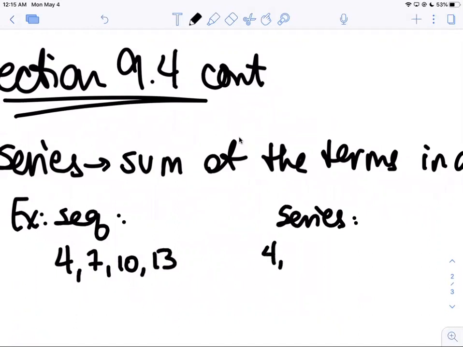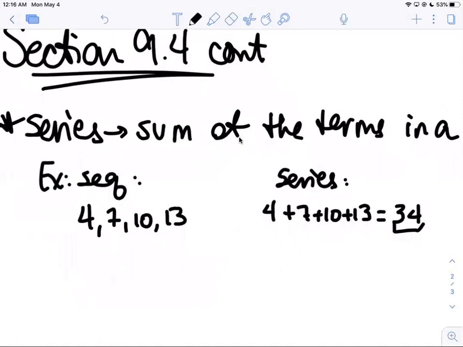So I would say 4 plus 7 plus 10 plus 13, and I believe they all add up to 34. So the series of these terms in the sequence would be 34. That's the sum of all of the terms.